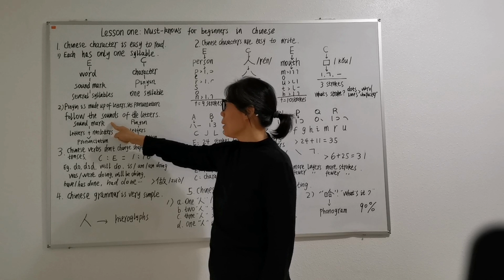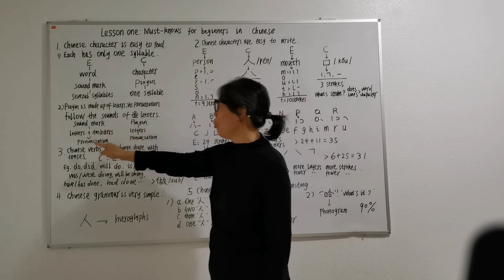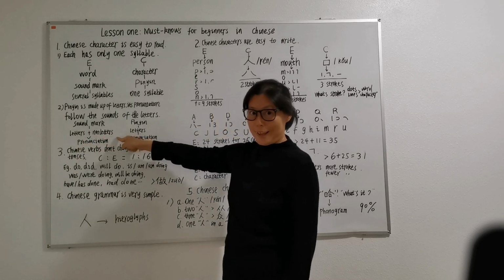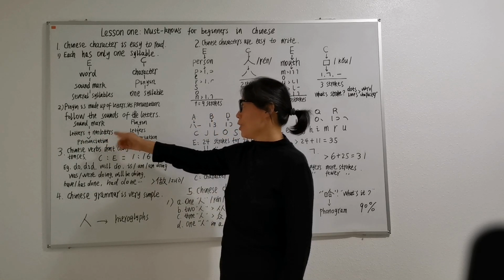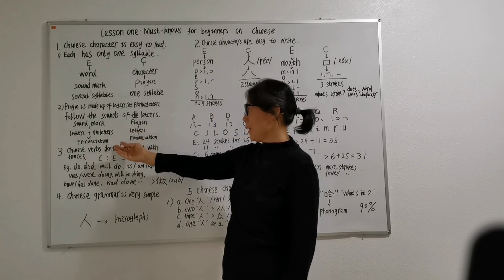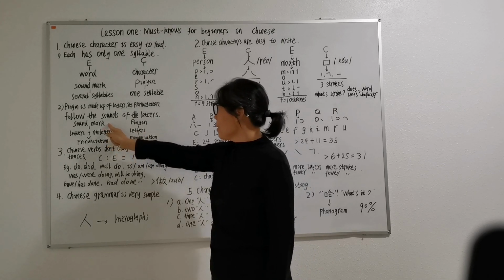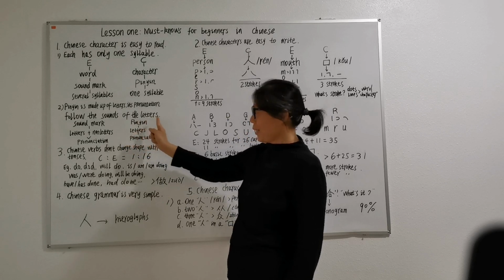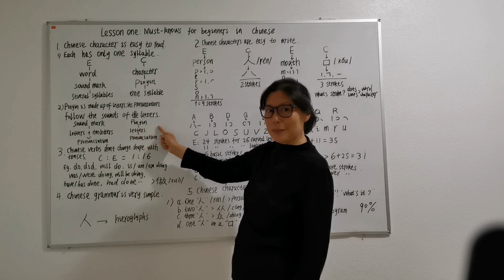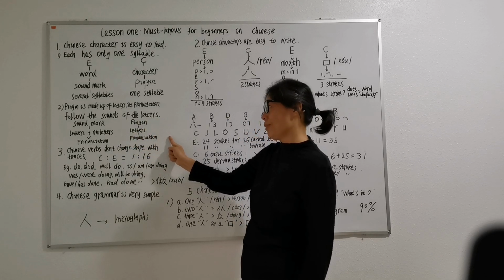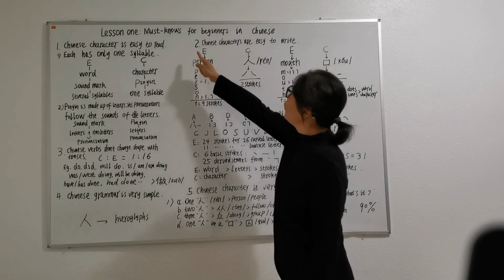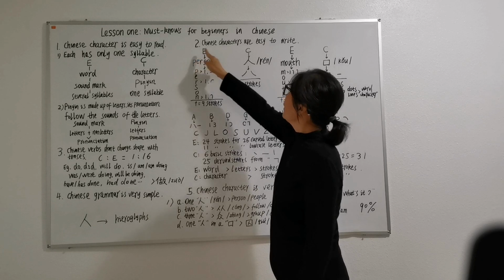So the sound mark's pronunciation follows letter sounds and non-letter sounds. It's clear, obviously, that sound mark pronunciation is more complicated than pinyin pronunciation. Okay? Let's go on to number 2.